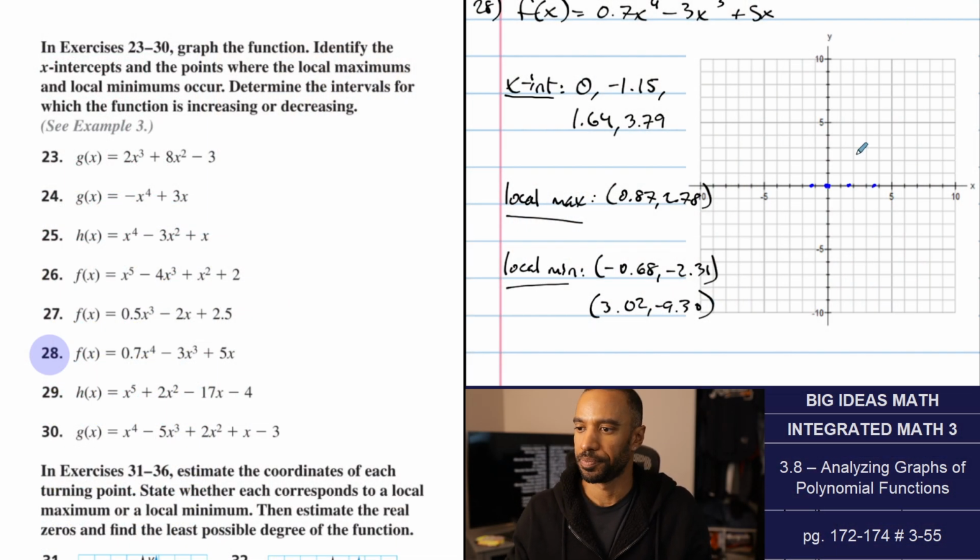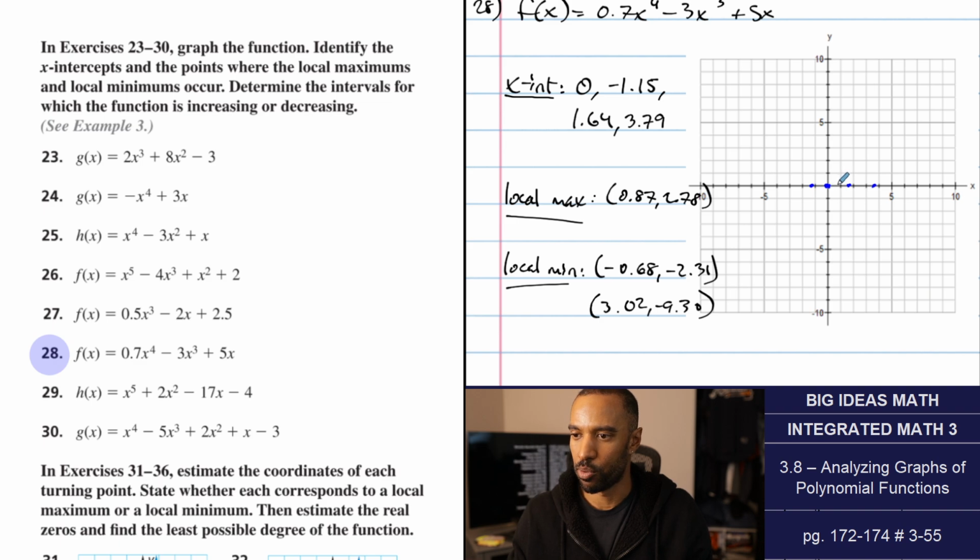And then the other one is somewhere between 0 and 5. So this guy. 3.02, comma, ooh, this is in the way. Is that -9.3? -9.30? So 3.02, comma -9.30.